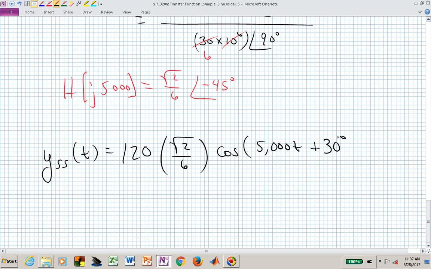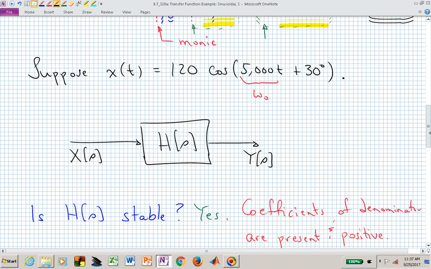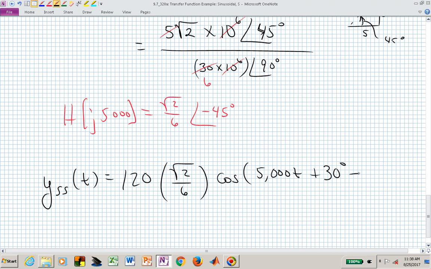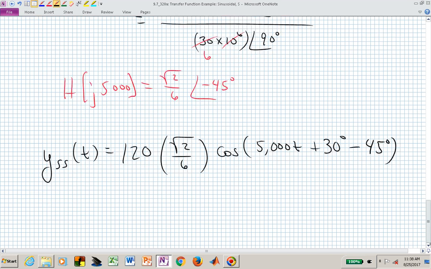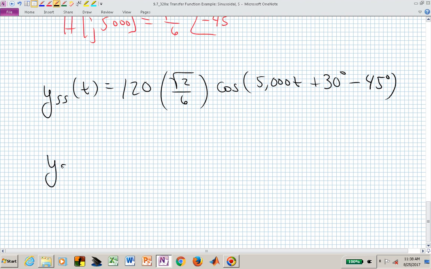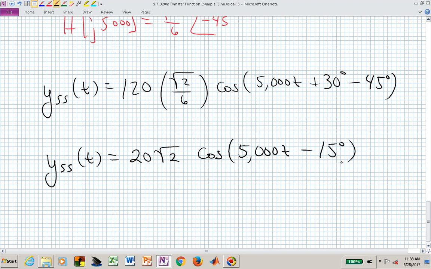We had an initial phase of 30 degrees in I, and we now need to adjust that by the phase of our H, our system transfer function, so that now Y steady state of t, or our output sinusoidal steady state, is now 120 divided by 6, or 20, times the square root of 2, cosine 5000 t minus 15 degrees.